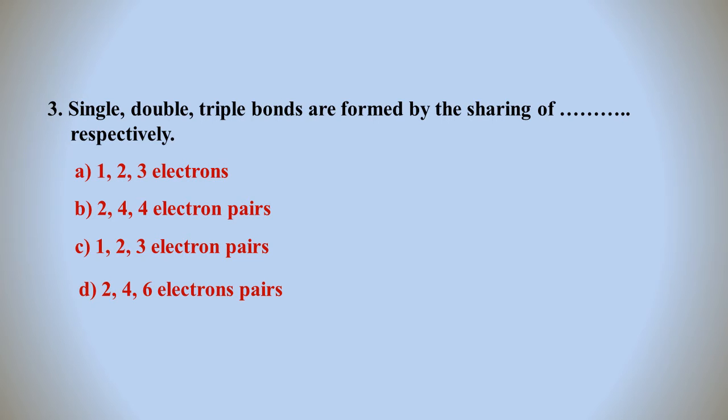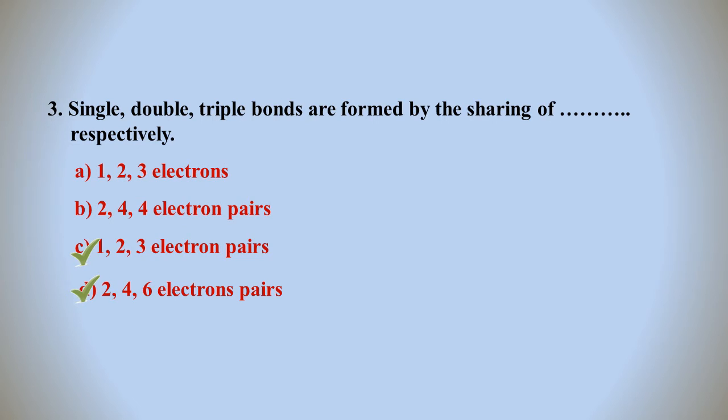We have two right answers. I think it's a very important question. I collected some very important questions for you, and inside our lesson today we have different questions also. If we mention that we have 1, 2 or 3 electron pairs, it's a right answer.